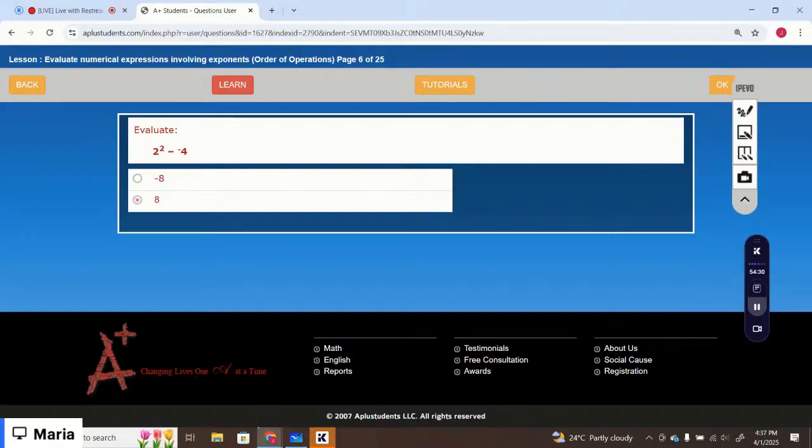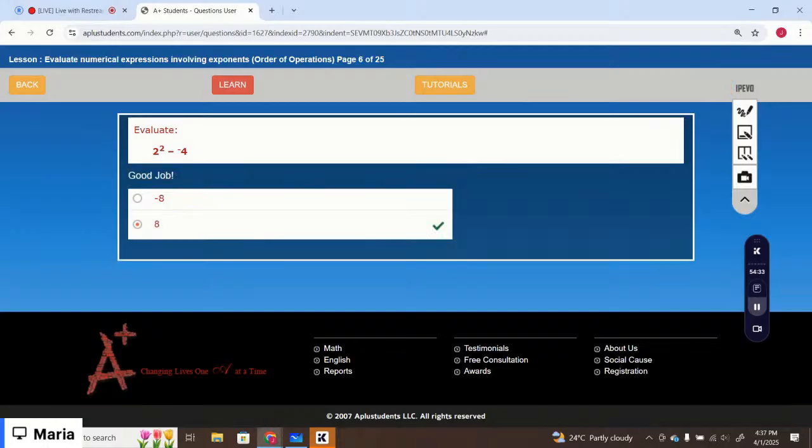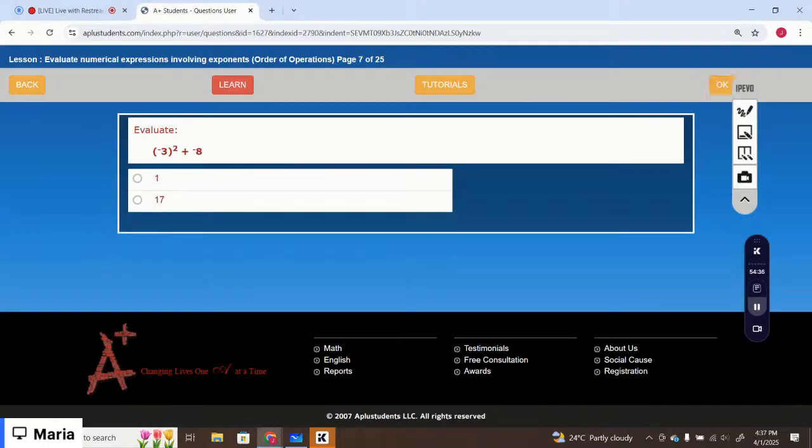Option number two is the correct option. Negative 2 squared plus minus 8, which is the correct option? Option number one is the correct option.